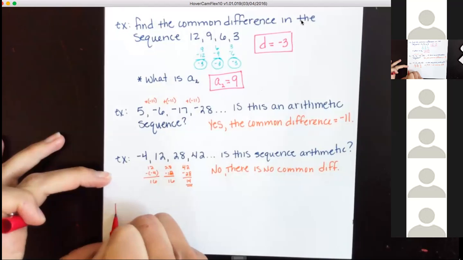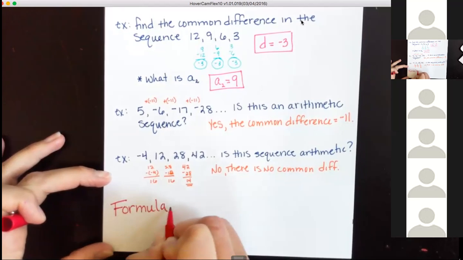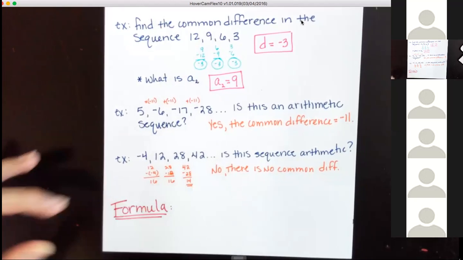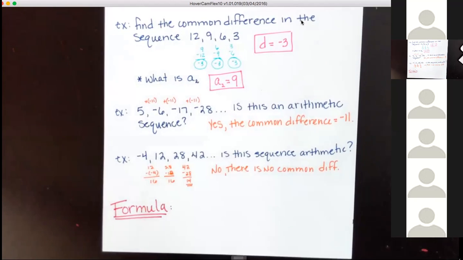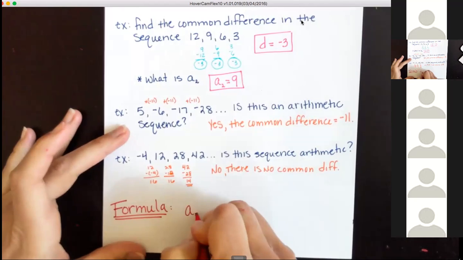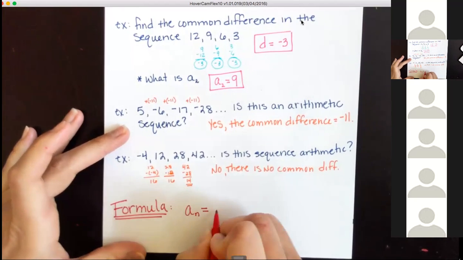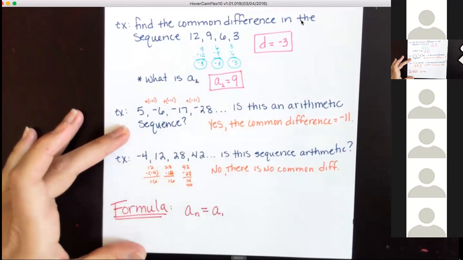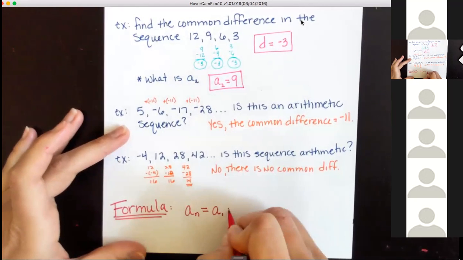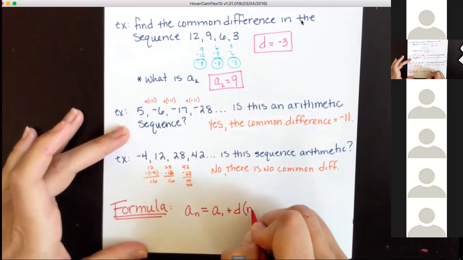So there's a formula for how to know what the nth term is going to be. a sub n is equal to whatever our first term is, plus our common difference times n minus 1.